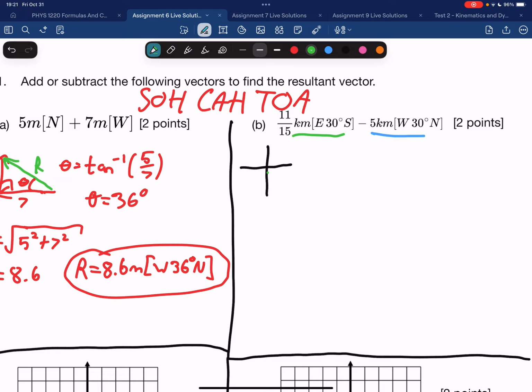So if this branch on the right here is east, I'm going to start here, and I'm going to go 30 degrees south, and I know my vector is in that direction. I know that is 30 degrees. The other one, 5 kilometers west, 30 degrees north. So I'm going to start here on the left, that's west, and I'm going to go 30 degrees up.